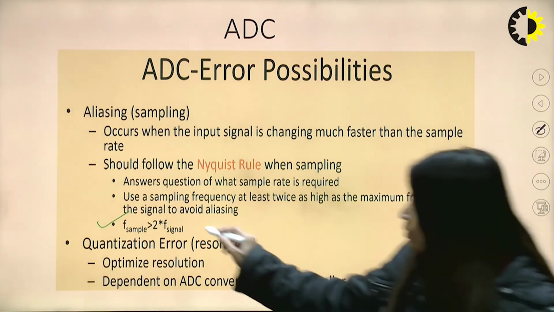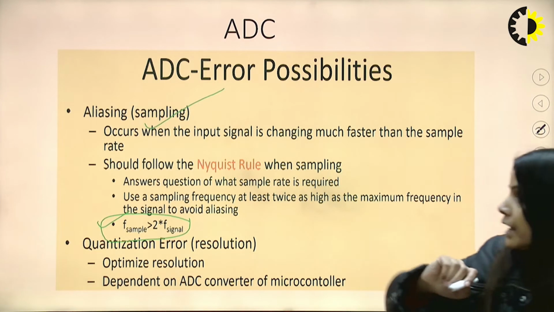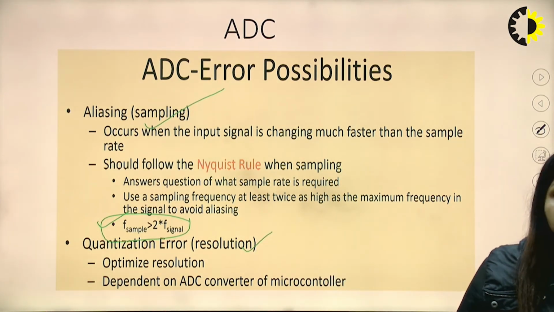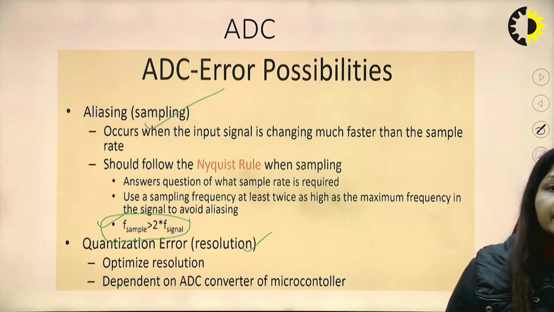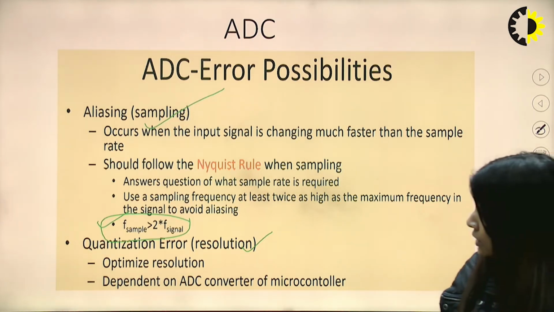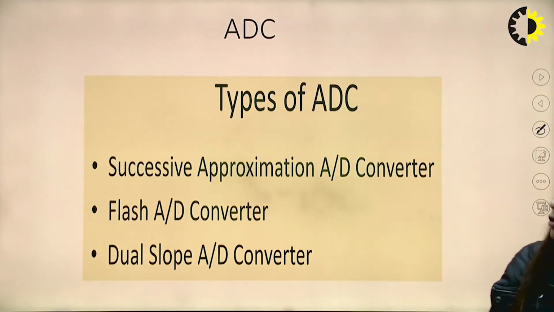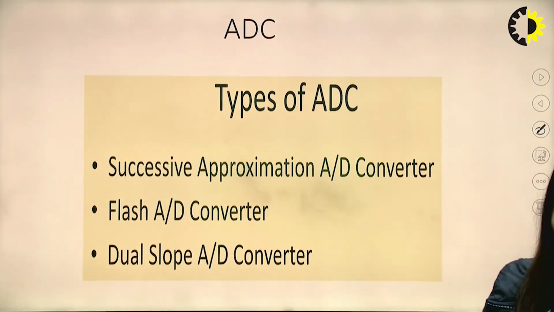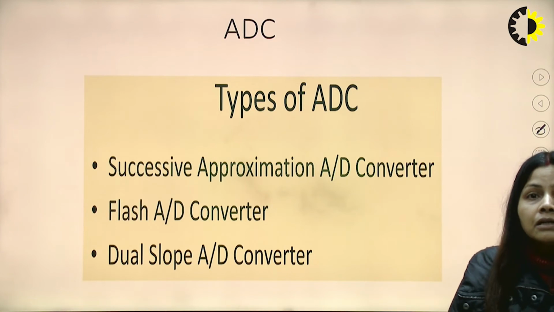This rule must be followed for removing the aliasing error. Then there is the quantization error: if the resolution is better, we can reduce the quantization error, and this basically depends on the microcontroller.